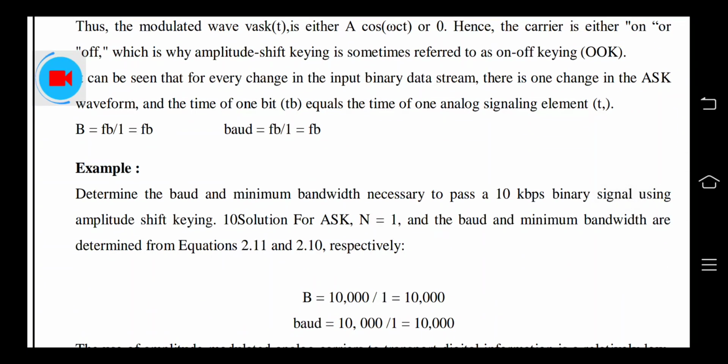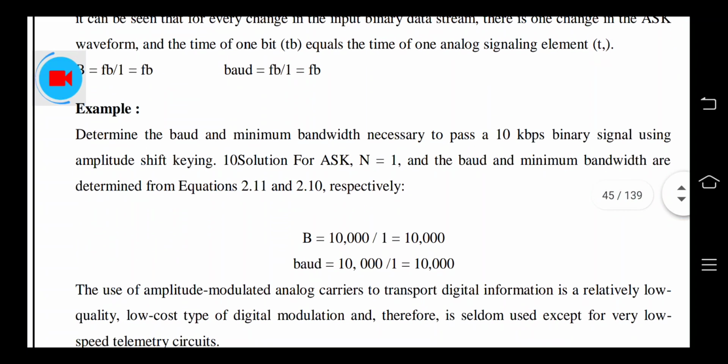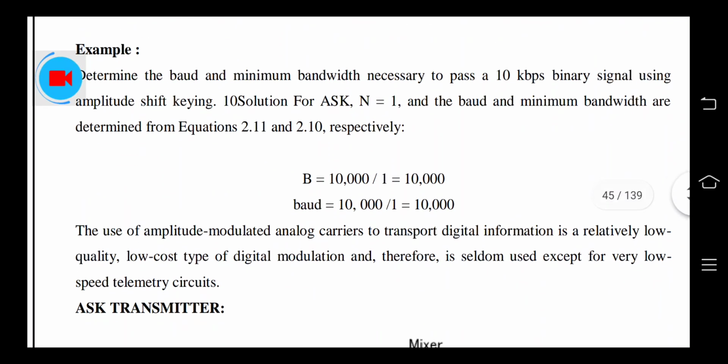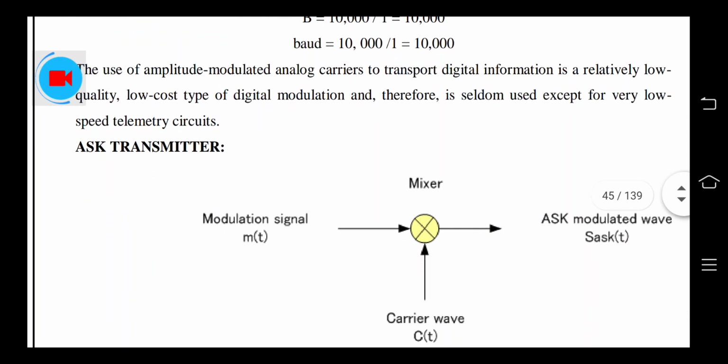The baud and minimum bandwidth are determined by the equation: bandwidth equals fb by n, that is, baud equals fb by 1. This is a simple formula, and we apply it to find the baud and minimum bandwidth. So this is an example of ASK modulation.